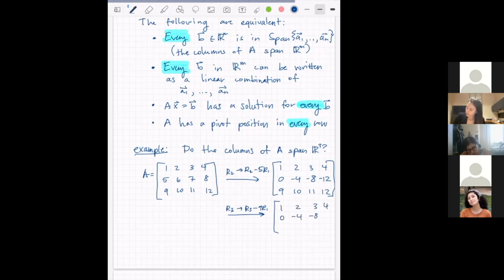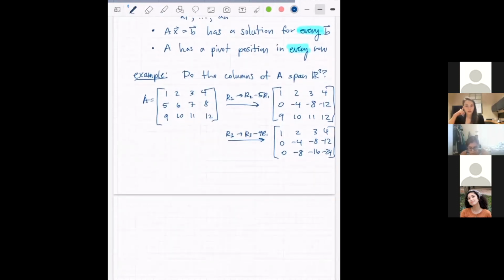In the last row, we'll get 0, negative 8, negative 16, and 12 minus 36, so negative 24. That should be correct.